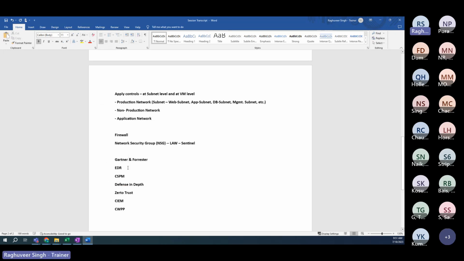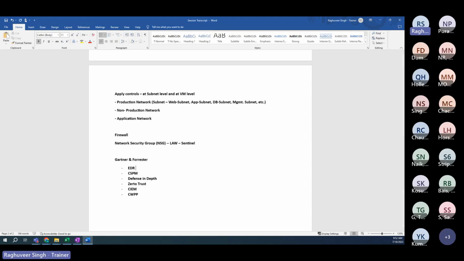Now, it is not that you are not taking care of this domain or this capability. You already are taking care of it. But Gartner has just come up with a new terminology. Gartner has added some additional key pointers and keywords here. And now all the security service providers, ISVs, and product vendors are taking care of it.